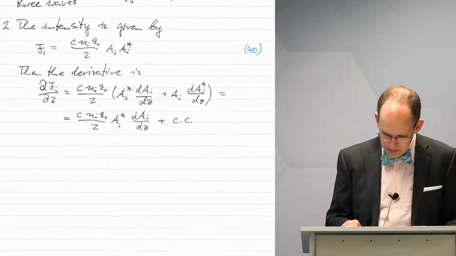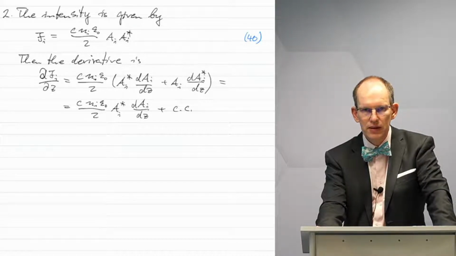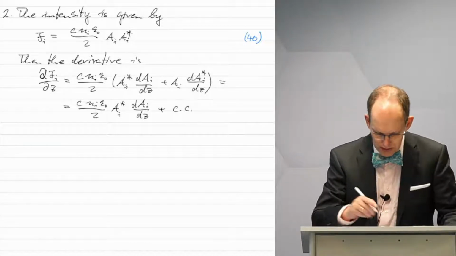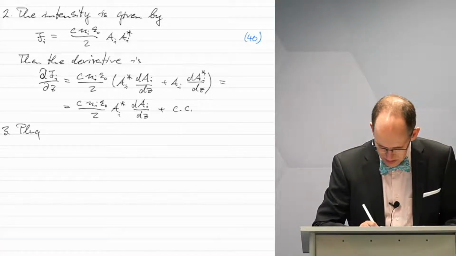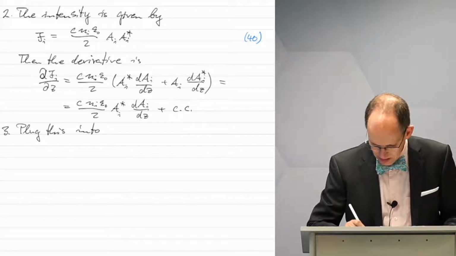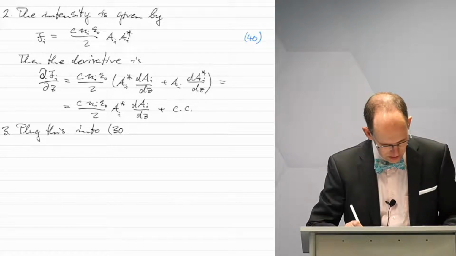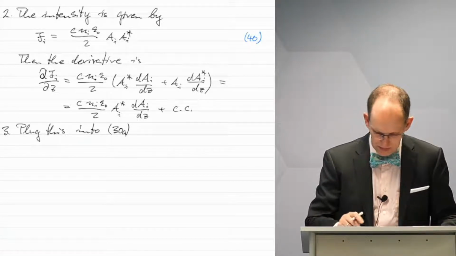So this we would plug into our coupled wave equation, which is equation 30. Yeah, so the first one here.